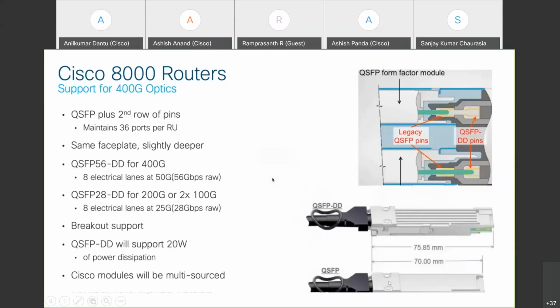On a 100 gig optic, it will be shorter, so it will detect the pin at a lesser distance, while the 400 gig optic will get detected at the second distance. So auto detection is there for 400 gig and 100 gig in a 400 gig interface.